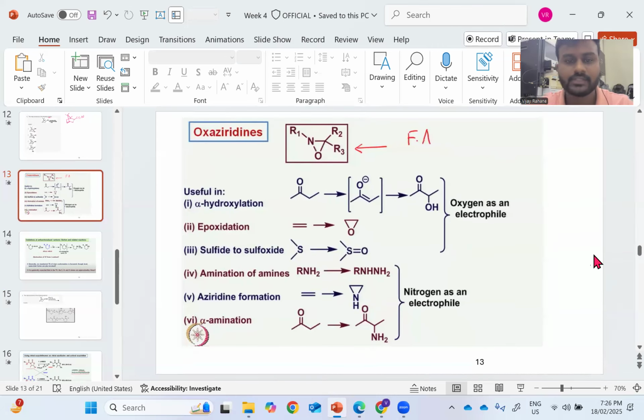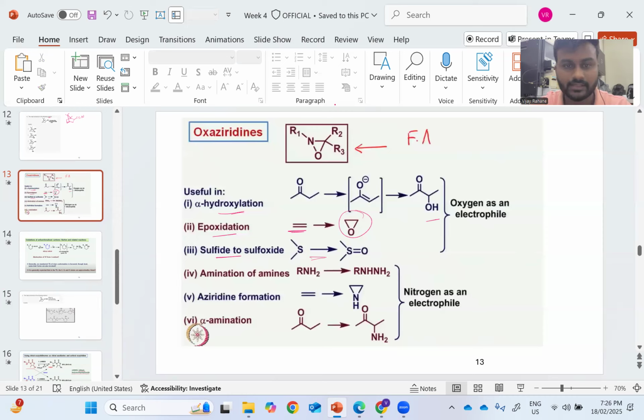If you look at the oxaziridine, it is useful for alpha hydroxylation. In this case, the oxygen acts as an electrophilic oxygen. Same for the epoxidation of alkene to epoxide, also sulfide to sulfoxide formation.